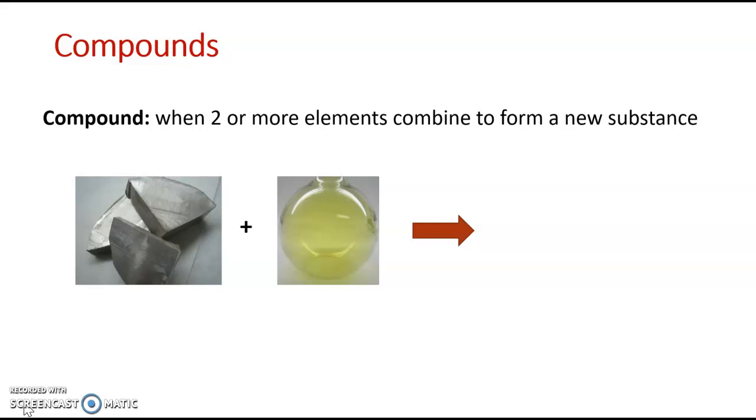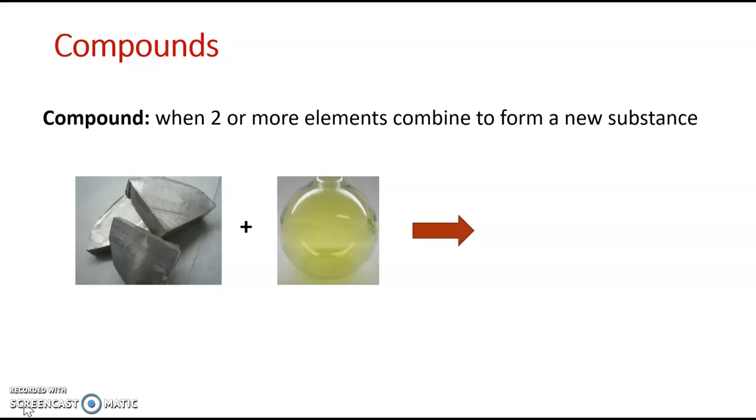And when that happens, when 2 or more elements are bumping around in space, when they interact with one another and combine and form a new substance, that new substance is called a compound. A compound is formed when 2 atoms of a different type interact with one another.